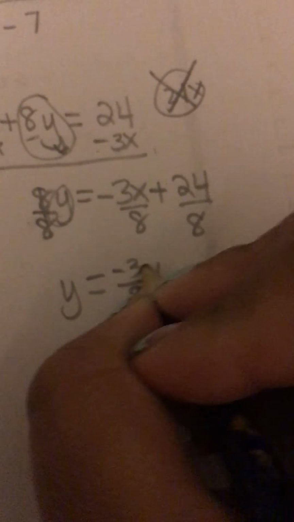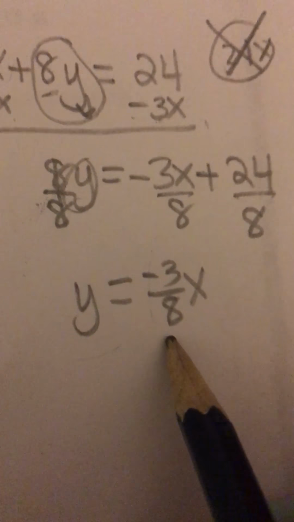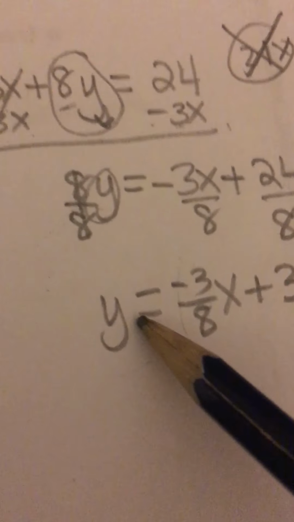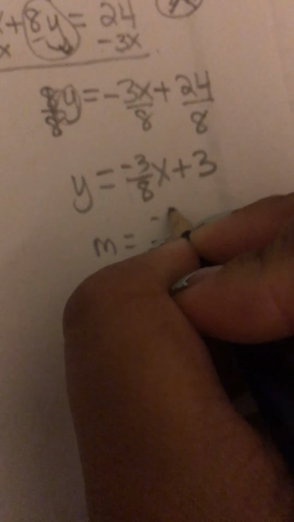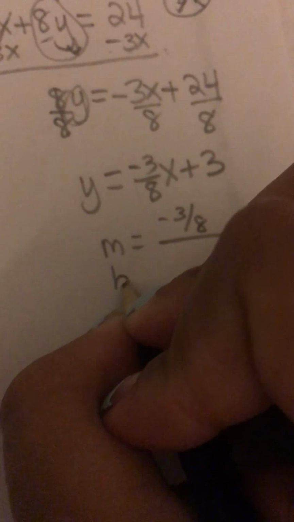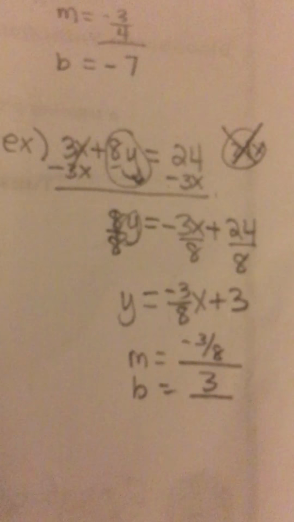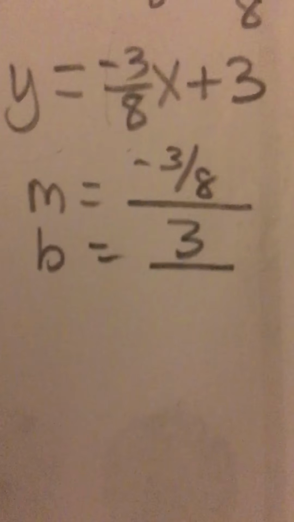It's a decimal. Leave it as a fraction because that's our slope. And then 24 divided by 8 is 3. So now we have it in slope-intercept form because it says y equals, and we can identify our slope and our y-intercept. So the main goal of this lesson is that you can identify your slope and y-intercept.